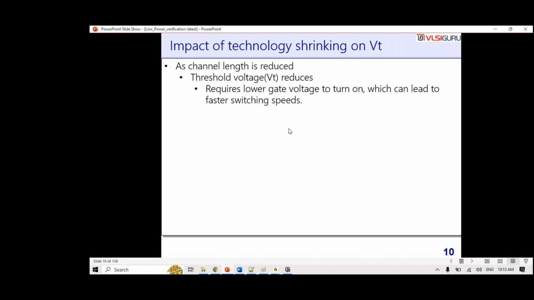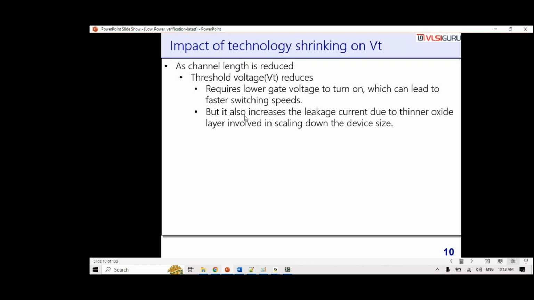That means at a lower gate voltage itself, the transistor will turn on, it can quickly enter the saturation region and start conducting the current. But it also increases the leakage current due to the thinner oxide layer involved in scaling down the device size.